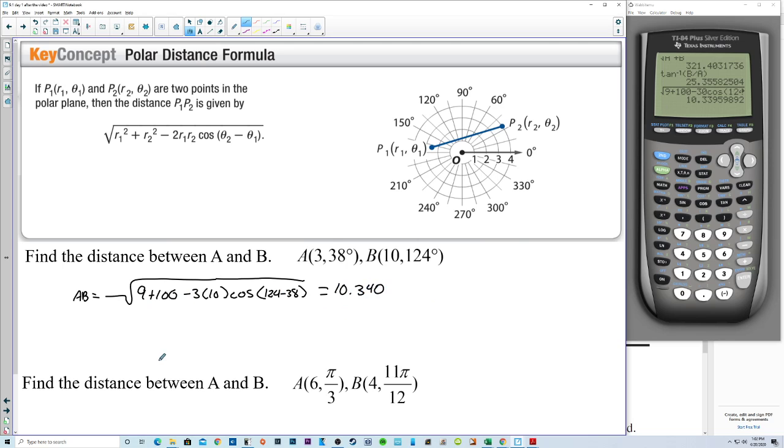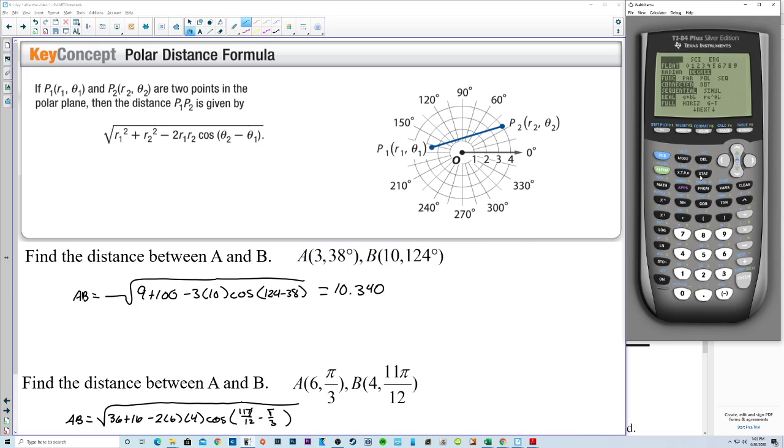Find the distance between A and B, same thing. So from A to B is equal to the square root of 36 plus 16 minus 2 times 6 times 4 times cosine of 11 pi over 12 minus pi over 3. So now we have to change our calculator to radians.